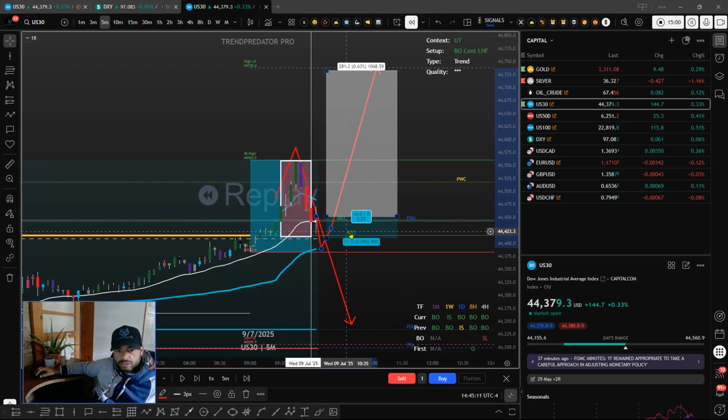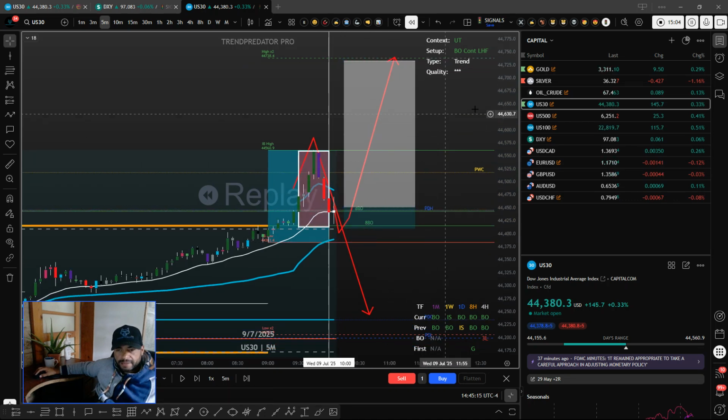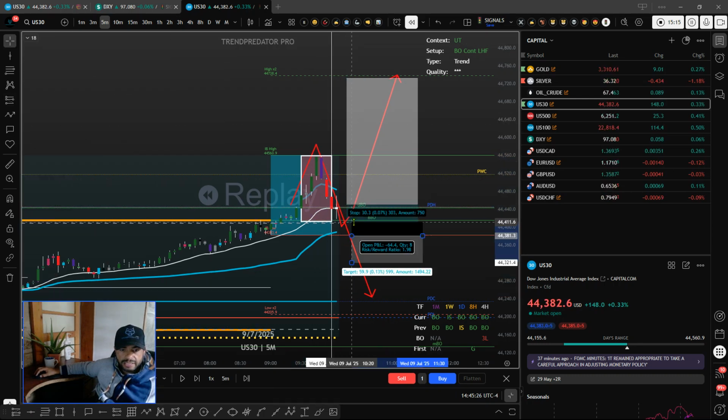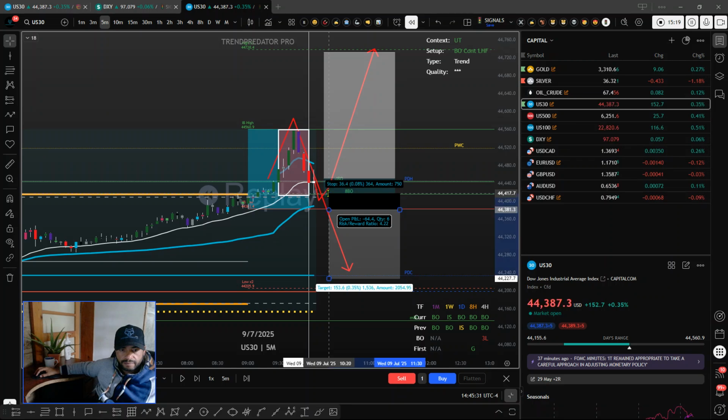Okay, so I wasn't wrong to get ready for that setup, but what I needed to be was far more flexible in my thesis and allow for, and almost at the very same time, have a setup ready to take advantage of a 1-star quality setup to the downside.